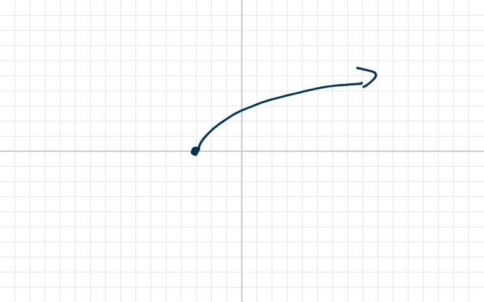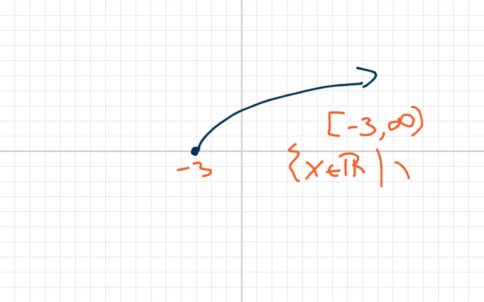Okay, and this one, I'm going to go a little faster here. Our x is starting at -3, so that's going to be -3 to infinity. X is part of the real numbers, but x has to be bigger than or equal to -3.